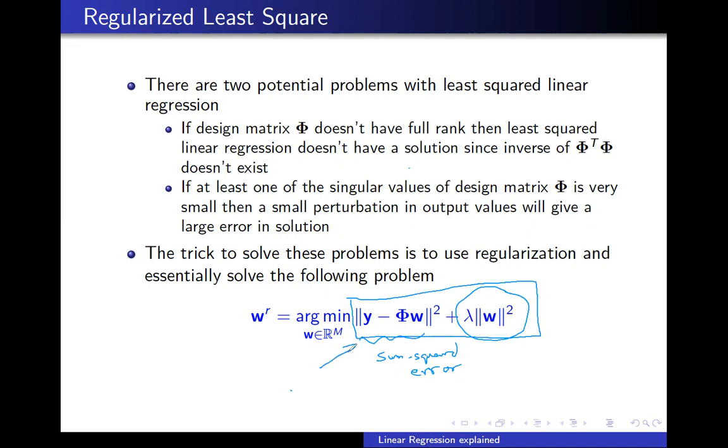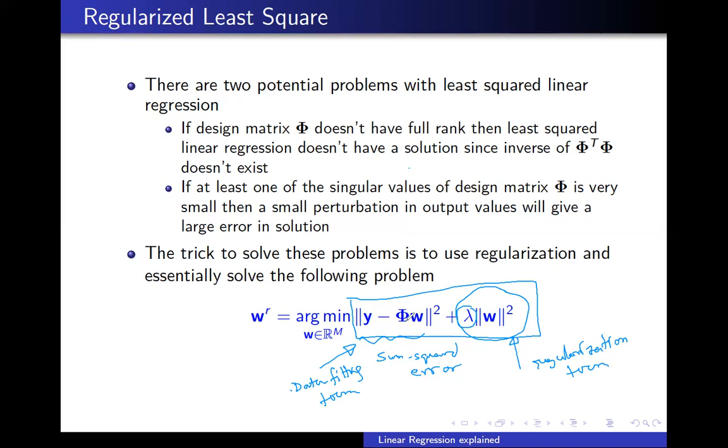The sum squared error term is often called the data fitting term, so how well the model describes or fits your data. And this one is known as regularization. It applies some sort of smoothness to the solution. Essentially, this regularization parameter controls which of these two quantities will influence the solution.